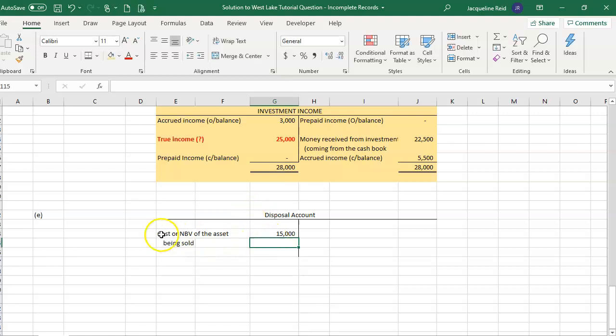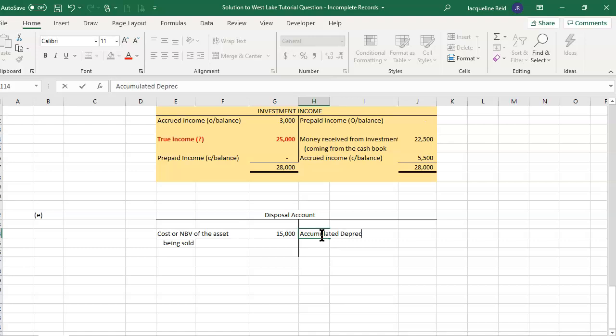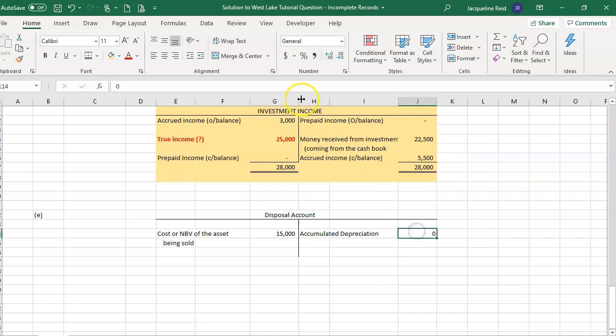Now, if we were booking the cost, then we'd have had to book the accumulated depreciation by removing it from the records, removing the depreciation on the asset being sold. But because we're using net book values, the depreciation is mixed up with the cost in that figure, so we don't have an accumulated depreciation to separately book.